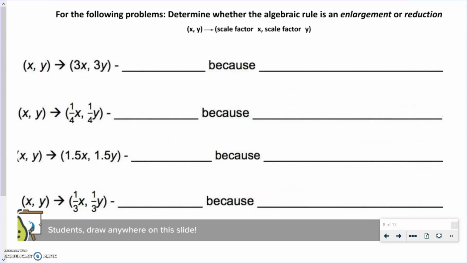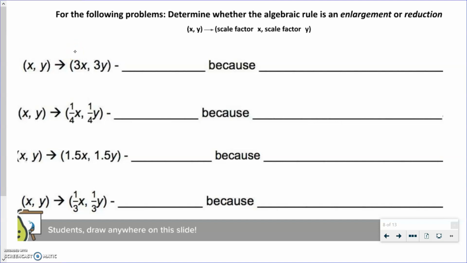Okay? So now you are going to determine whether the algebraic rule is an enlargement or a reduction. So remember, our scale factor is multiplying our x value as well as our y value. So here in this algebraic rule, we have 3x, 3y. So that means our scale factor is 3.